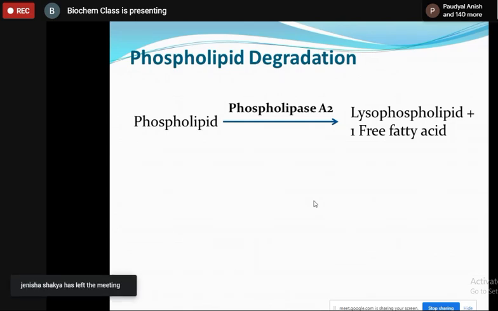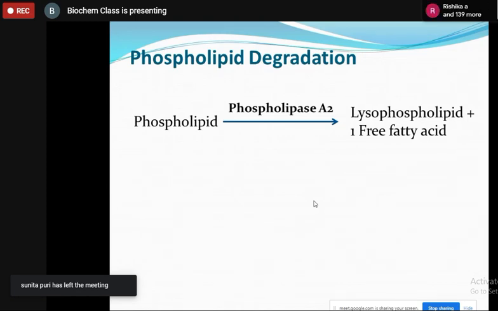If there is some defect in the liver, if the bile salts are not getting formed properly, and if there is deficiency of bile salts for any reason, in those patients fat digestion becomes a problem because bile salts are needed for the fat to get emulsified. If emulsification is not done, then proper digestion will not be carried out by the pancreatic enzymes. So this completes the digestion of fat.